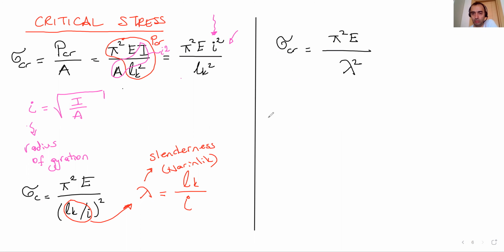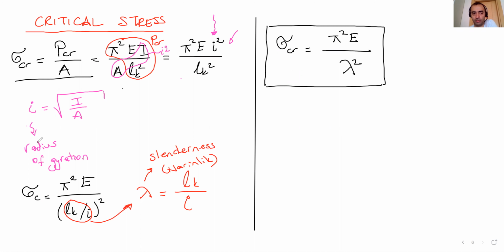Here, this is the critical stress. But at the end of the day, if you multiply this by the area, you are gonna get the critical force, P critical. Okay, so everything is coming from here.